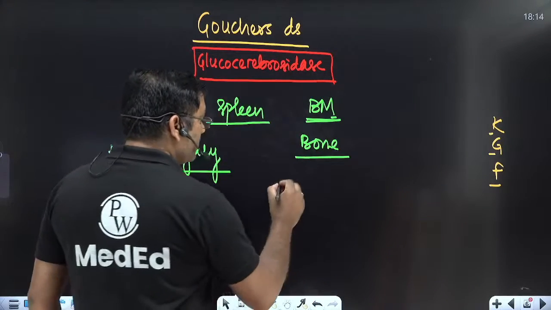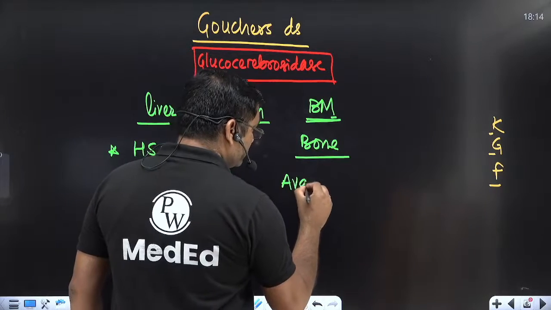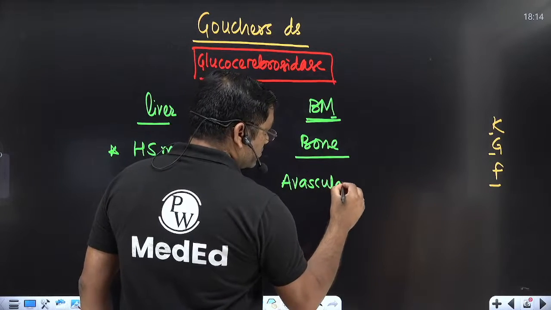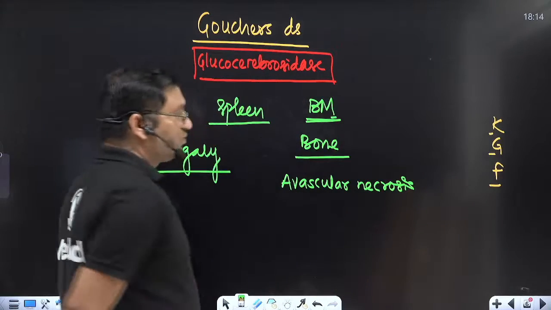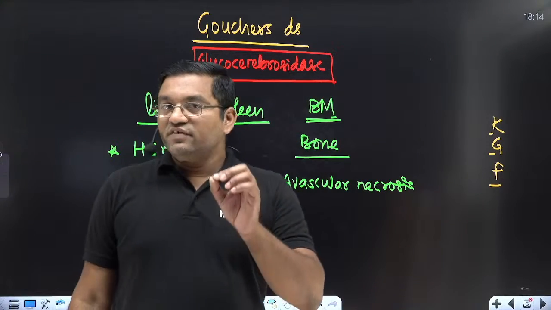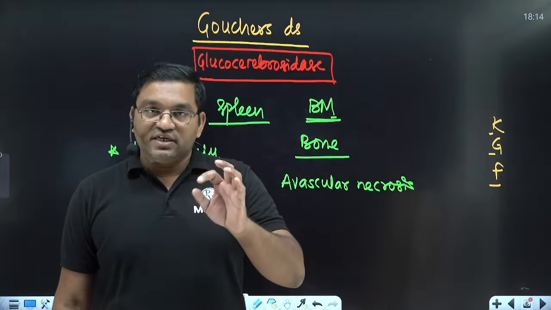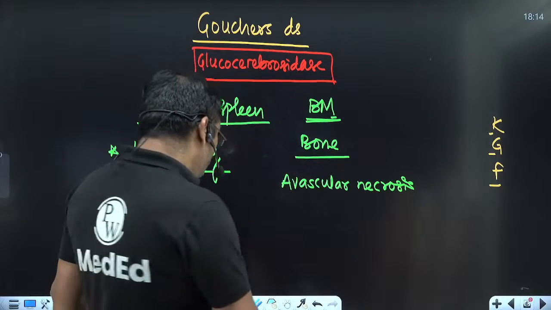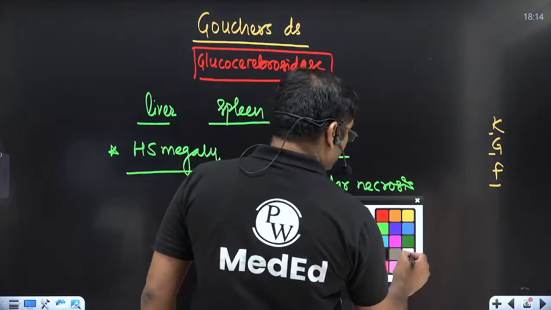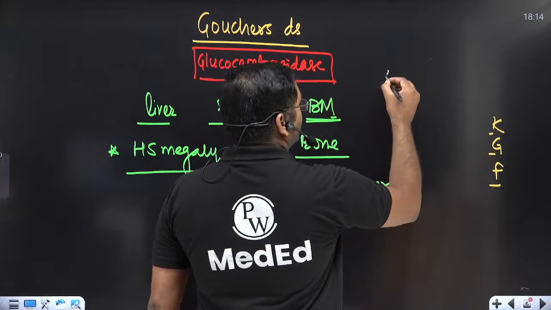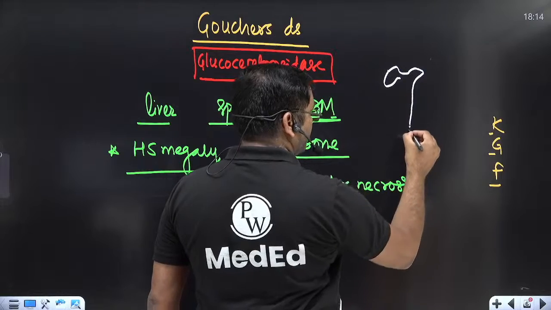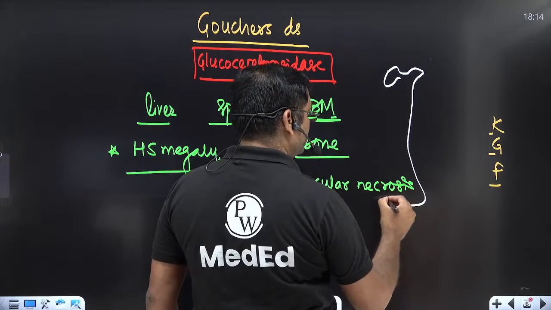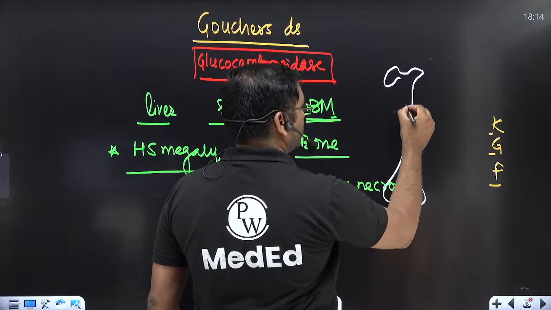The main feature is avascular necrosis of the long bone, and it gives a characteristic feature in the X-ray. Suppose this is the femur.